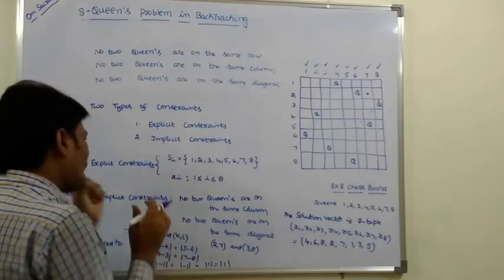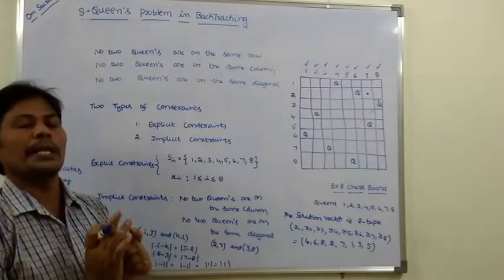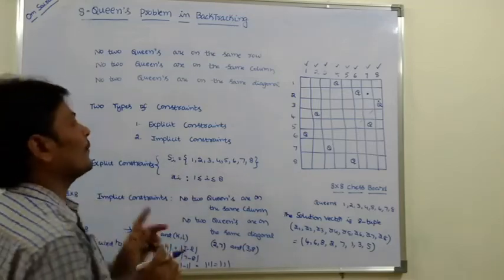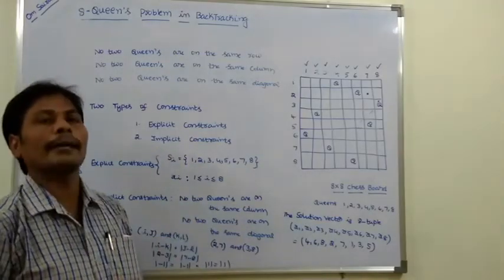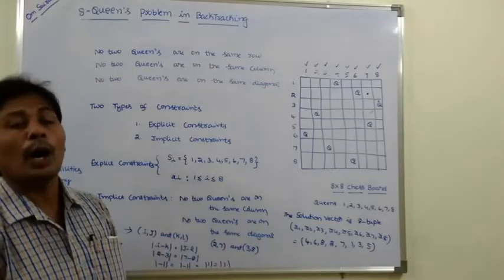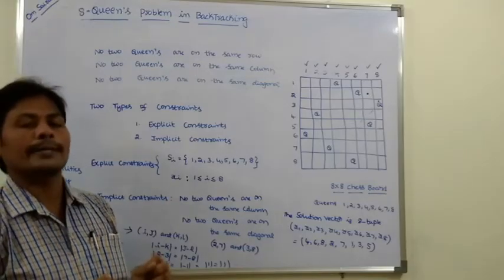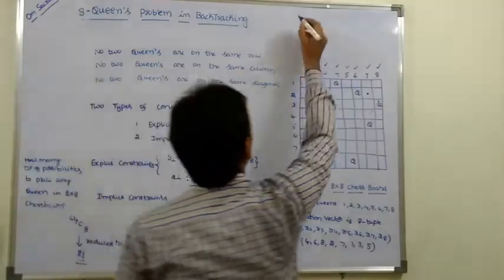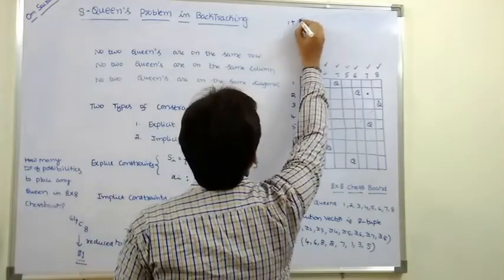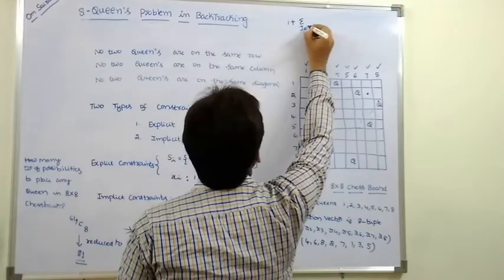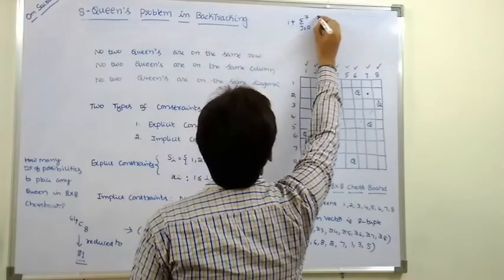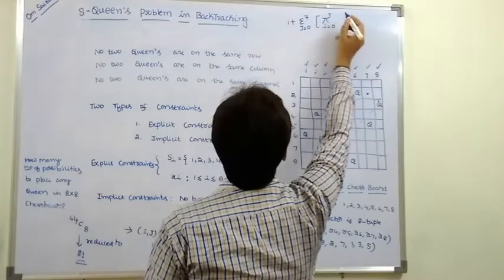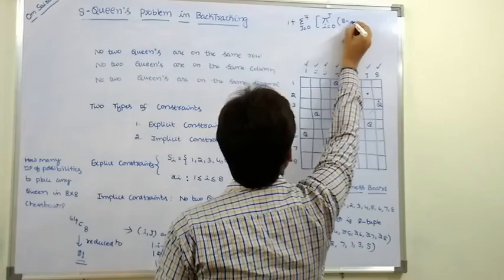Next, for this problem, all the solutions can be represented by using a state space tree. After drawing the state space tree like in the 4 queens problem, how many nodes are there in the state space tree? The formula is 1 plus sigma j equal to 0 to 7, pi i equal to 0 to j, of 8 minus i.